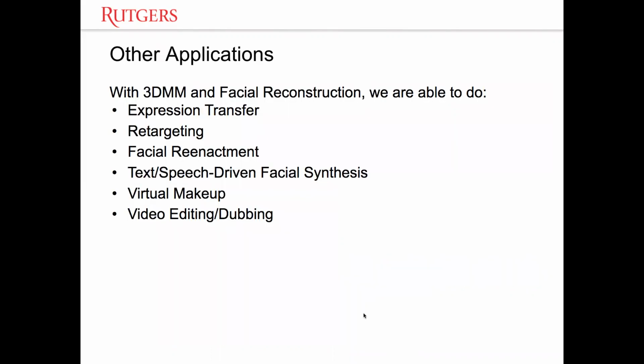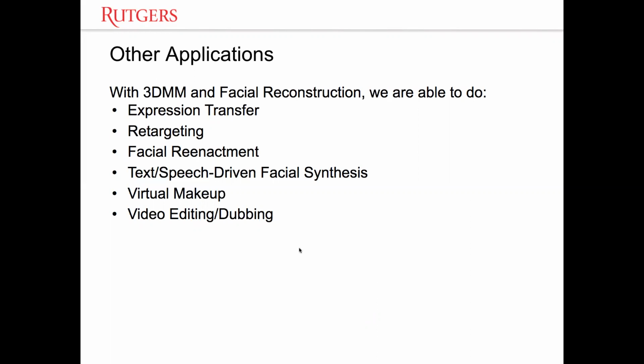Okay, so there are other applications using morphable models and facial reconstructions, because with facial reconstructions, you are able to convert a 2D thing to a 3D thing. And if you set up a camera with proper rendering techniques, you can convert the 3D object to a 2D image.